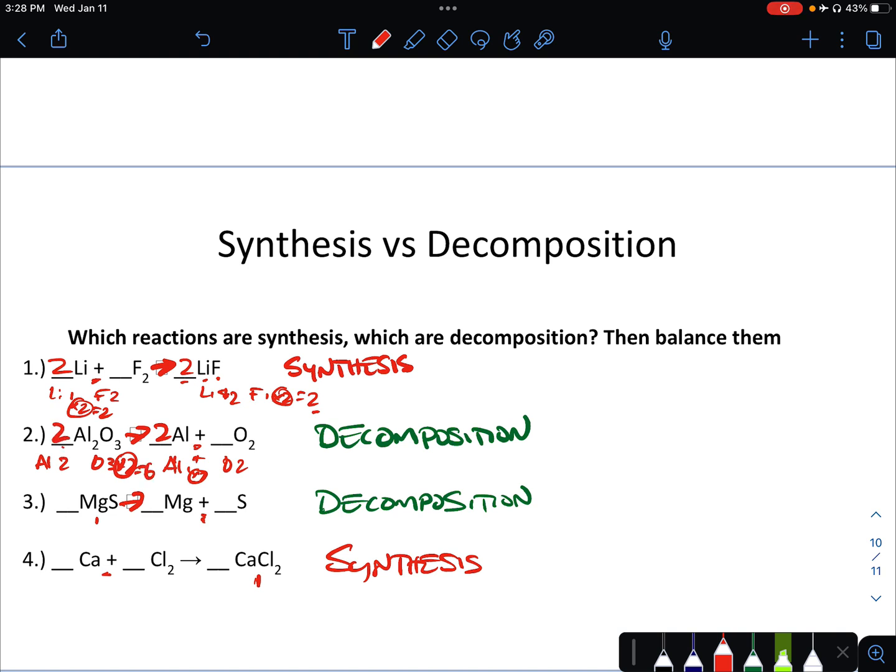Well, shoot, that 2 times 3 gives me that 6. This 2 times 2 here should give me 4. Well, that messes this up because this was 2. So I'll multiply it by another 2. So instead of having a 2 there, I'd have a 4 there. Well, I got 6 O's, so times 3. So that would be a 3 there. All right.